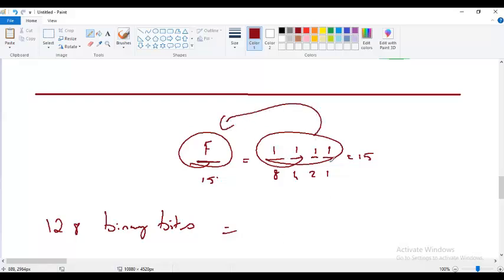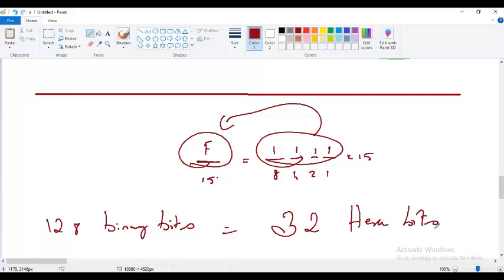If you divide by 4, what will you get? Tell me what you will get. 32 or 62? Very good. 32 hexa digits. See, IPv4 is also 32-bit, no? But that is binary bits. This is 32 hexa digits.